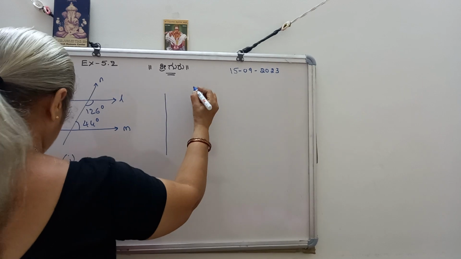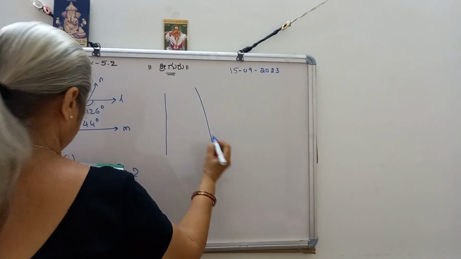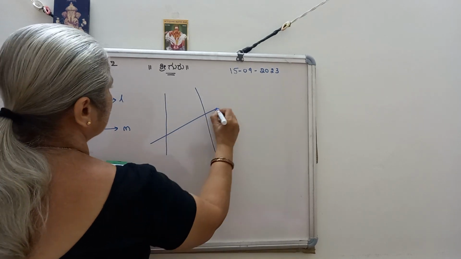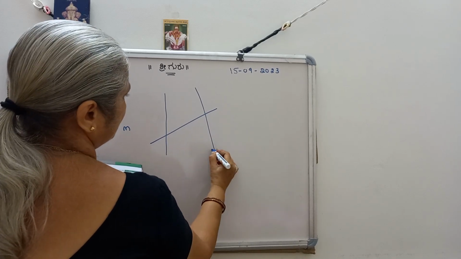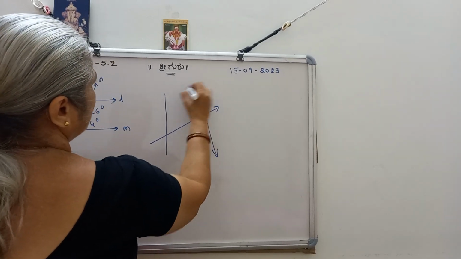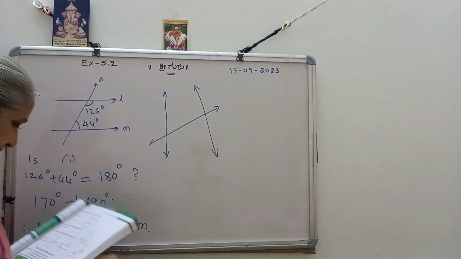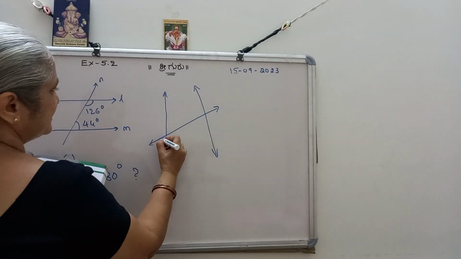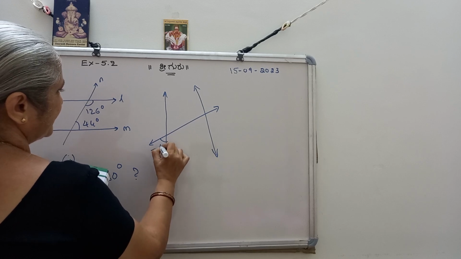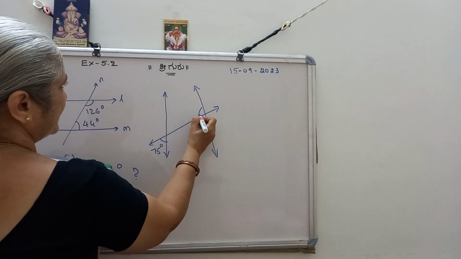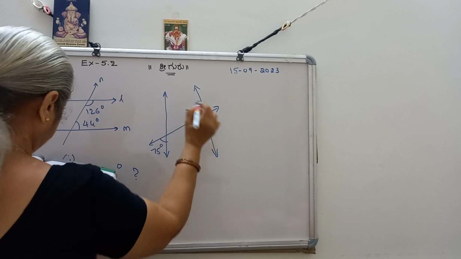Now the second figure. This is one line and this is another line and this is the third line, and all the three are intersecting at 2 points, and this angle is given as 75 degrees and this angle is given as 75 degrees.